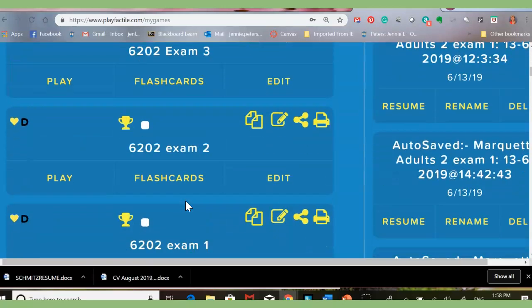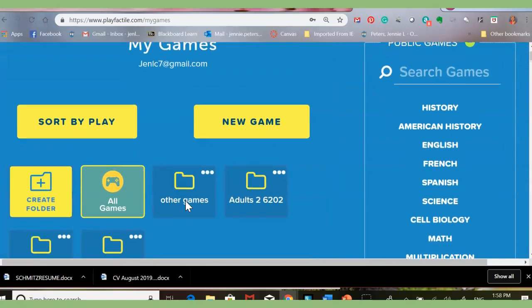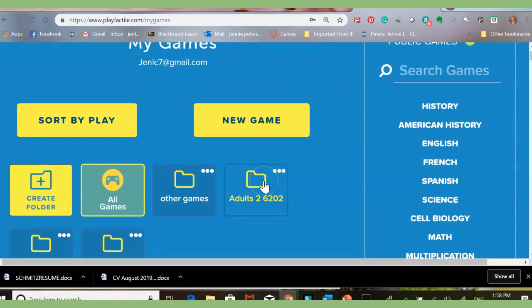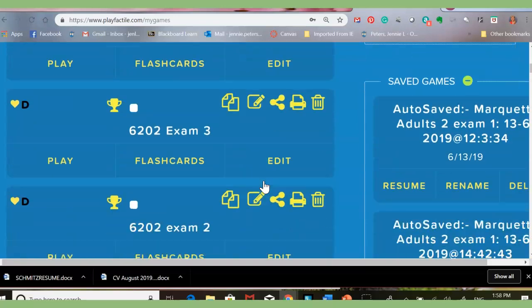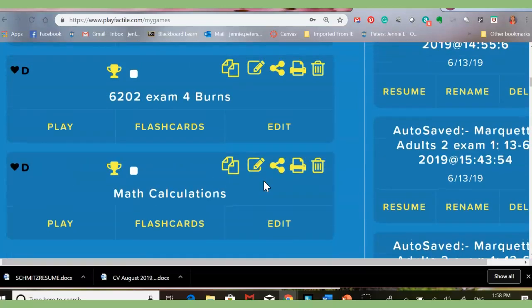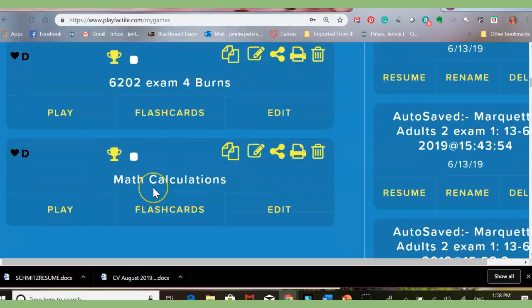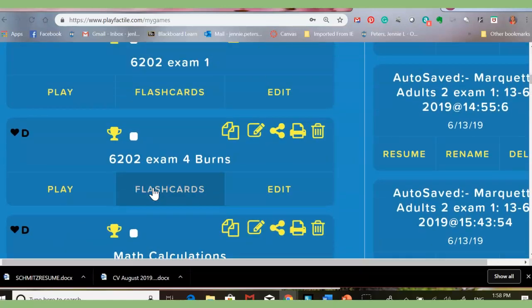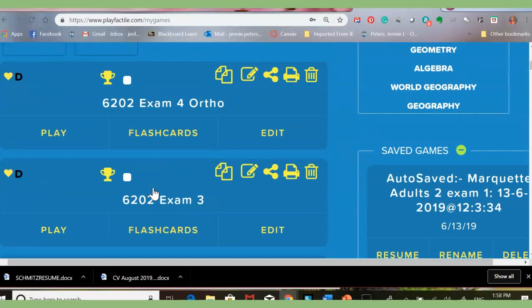And once you get in here, you can see all my games here, but it's easier if you just click on Adults 2, 6202, and then all the games are here and you can see. And I even put some math calculations in here so you can play around with that because you will have some calculations on your final exam. All right, so I have Burns and then I have ortho.